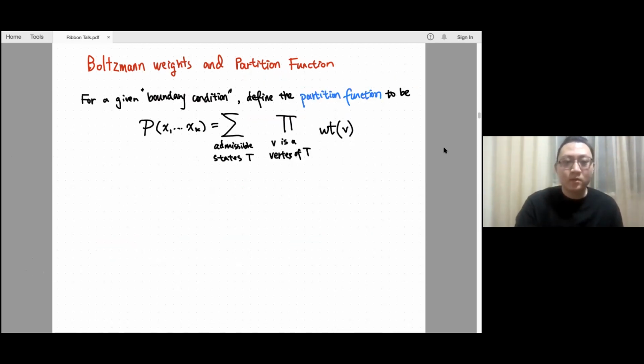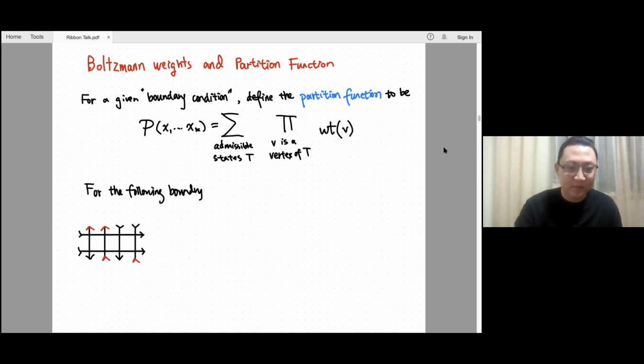Given a boundary condition, where we fix the boundary arrows of a lattice, we can define the partition function to be the sum over all possible states, all possible configurations of arrows on this lattice, of the products of weights.